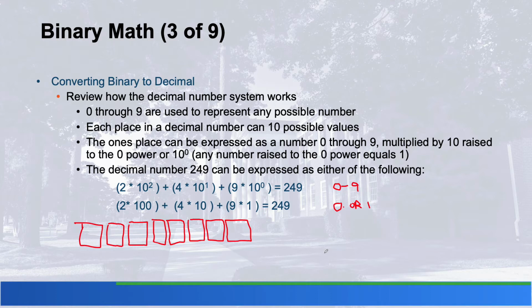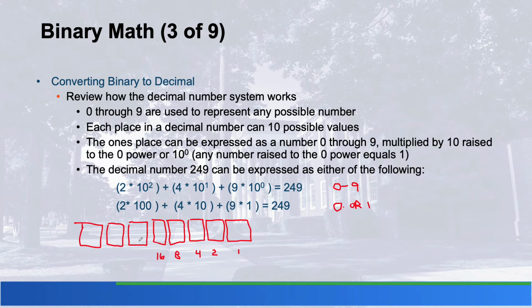Okay? The place values are also different in a numbering system. So just like decimal, the value of this first slot is 1. But for the binary system, we just double the value every time we move a slot. 1. We double 1, that's 2. We double 2, that's 4. We double 4, what do you think it would be? 8. Okay. We double 8, what would that be? 16.